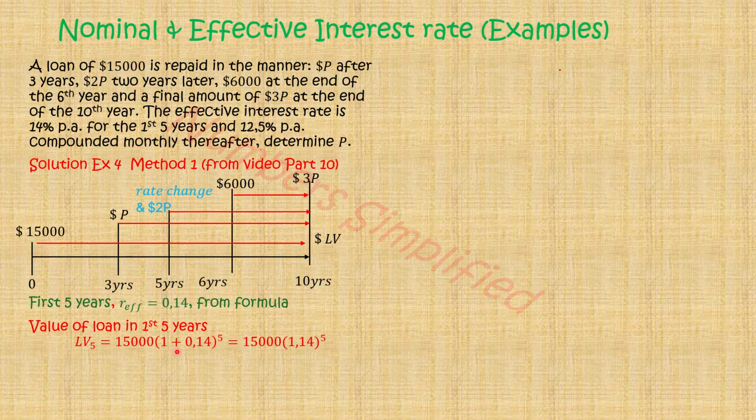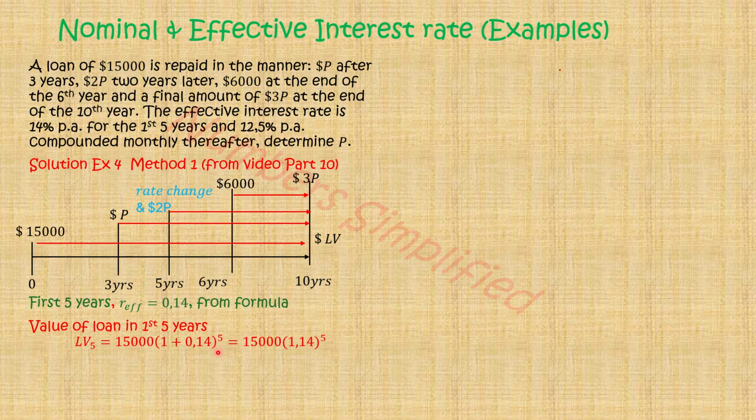Right, so the effective rate is 0.14. That is the one that we substituted for. And the period is 5 years. And we're saying so because we know that this is per annum. So it is sort of compounded yearly. So our I is as good as 1. So that's why we just have a 5 over there.